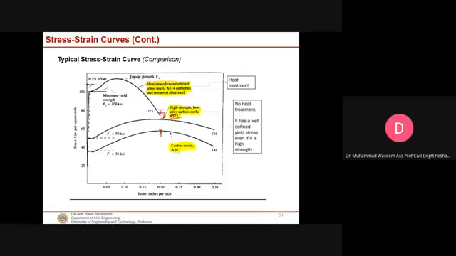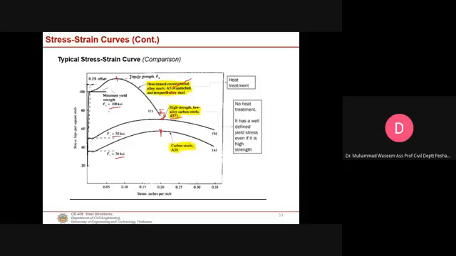Similarly, you will see that A514 steel will have a much higher yield point, which is about 100 ksi, and this A572 steel has a yield point of 50 ksi, and A36 steel has 36 ksi.